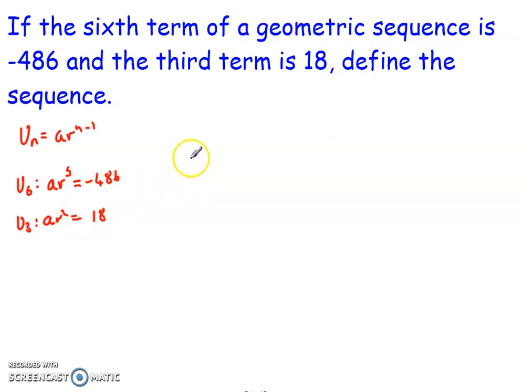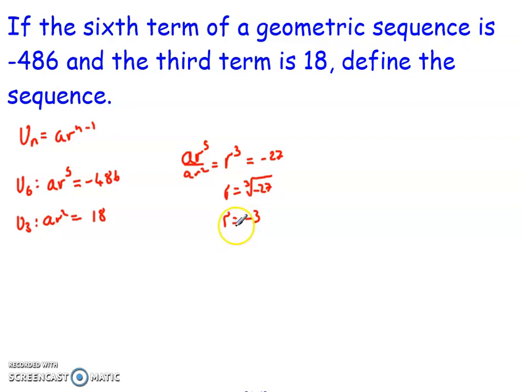If I take the ratio of these two terms, ar to the 5 over ar squared, I know that's going to equal r cubed, and to get r cubed I just take the ratio of negative 486 and 18. Negative 486 divided by 18 gives negative 27. If r cubed is negative 27, I simply take the cube root of negative 27, and r is negative 3.